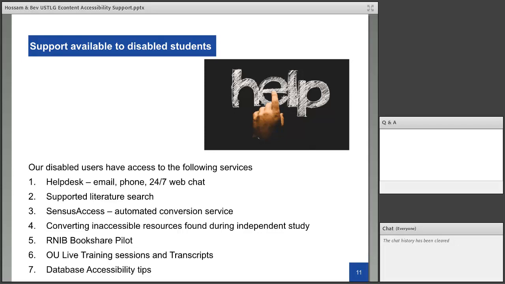And then the next thing we do: our online training sessions, we make them accessible by providing the slides, subtitles and transcripts. Also, we run, several times every year, a session on how to make things accessible.